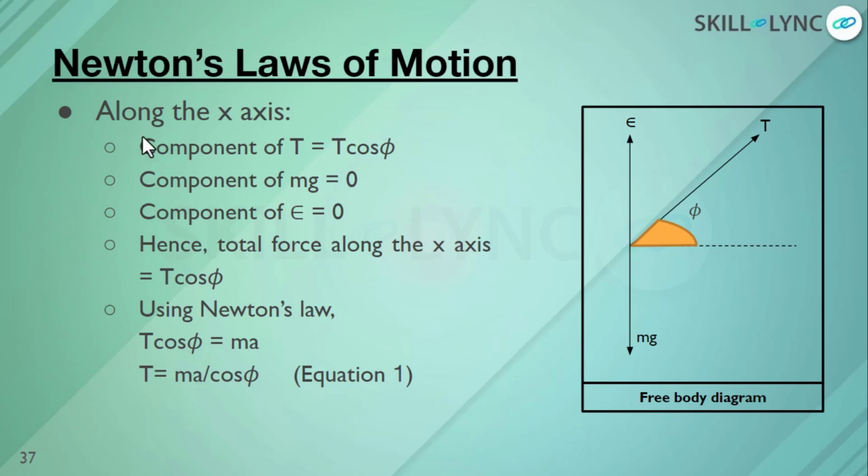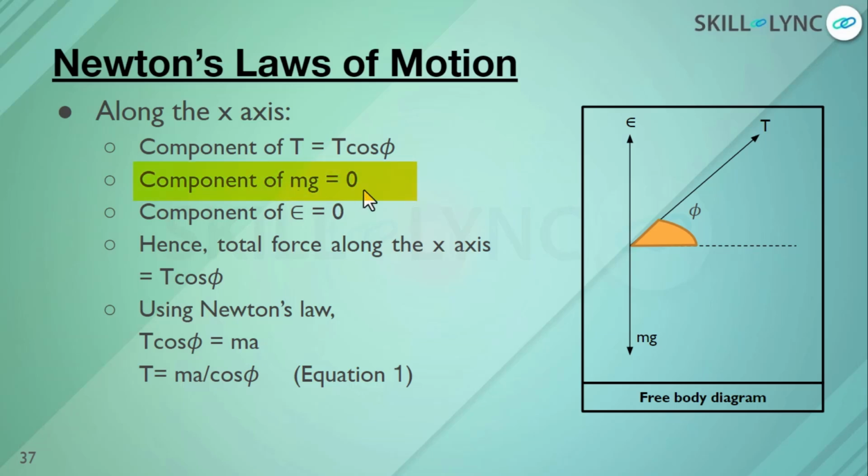Thus, along the x-axis, we need to find the forces acting. The tension force would have the component T cos phi. How has T cos phi come here? Since it was acting at angle phi on the box and the force was T, on the x-axis it would make a component of T cos phi.